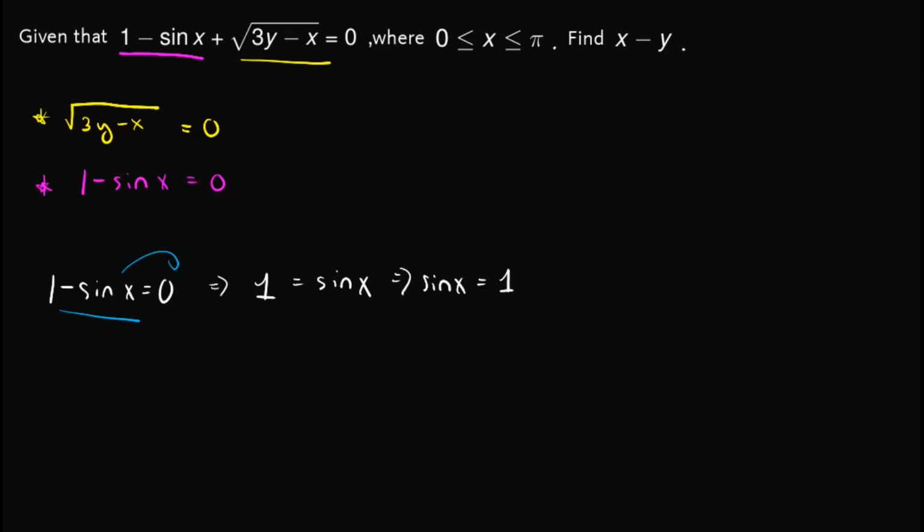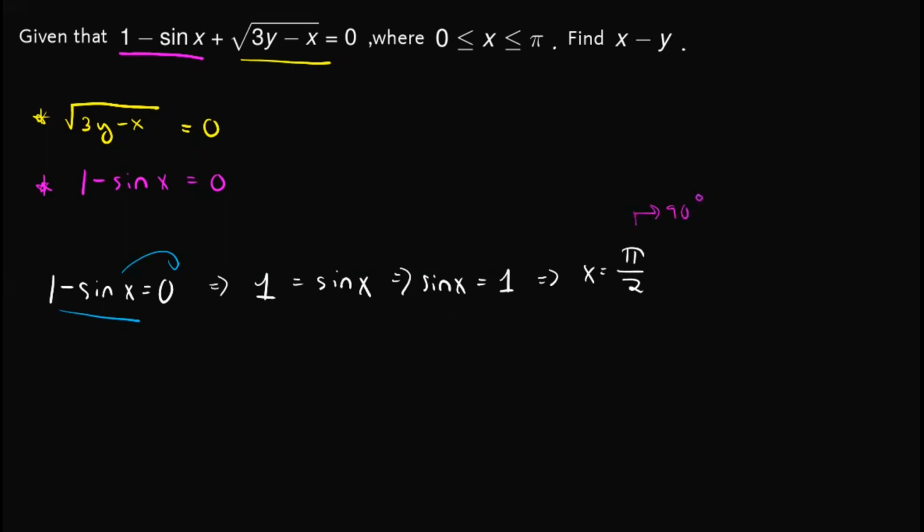Now from here we note that the only value of x that could make this equal to 1 is x equal to pi over 2, or in degrees, 90 degrees.